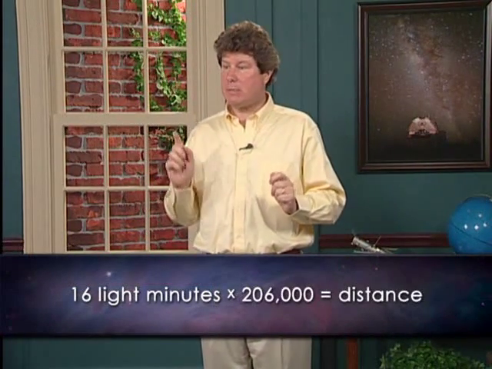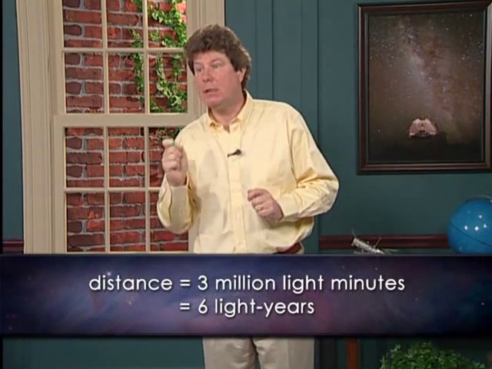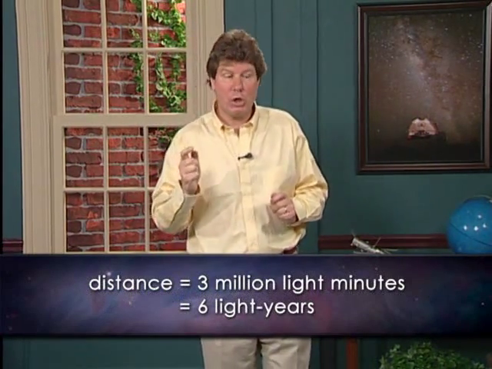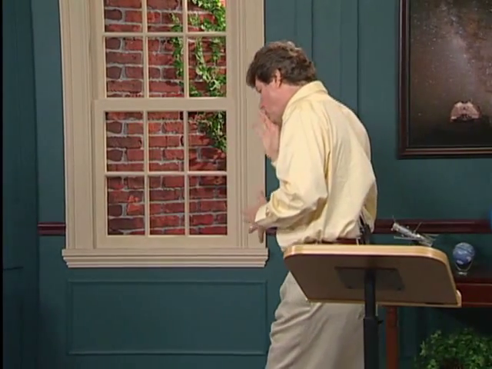So the distance is about 206,000 times that, or about 3 million light minutes, or 6 light years. So nearby stars are a few light years away. In human terms, this is an unimaginable distance. Returning to our one pace crosses the United States with the sun 20 miles away, to get to the nearest star, I would need to walk 30 times further than the moon.